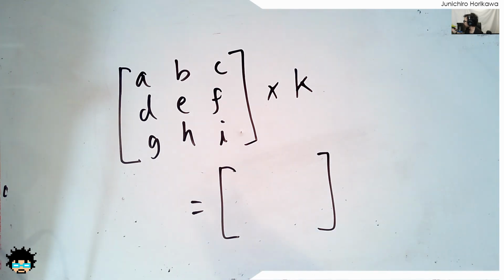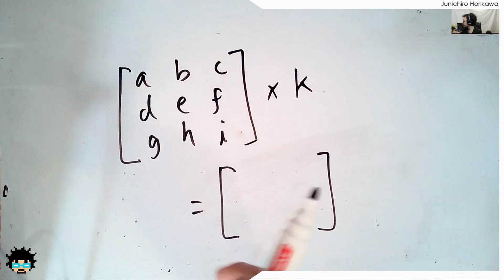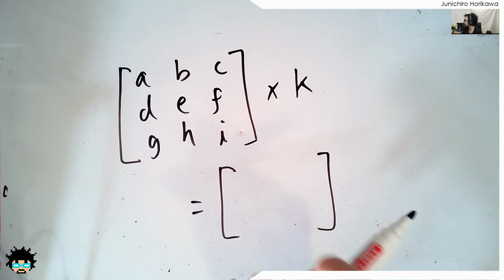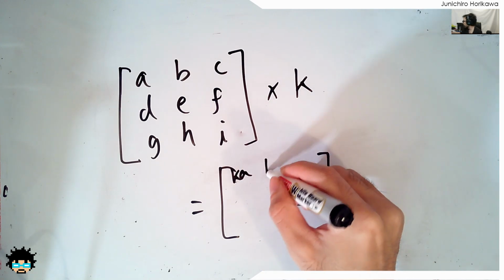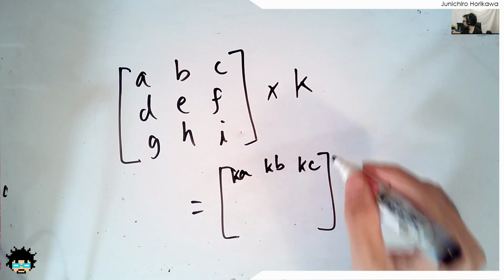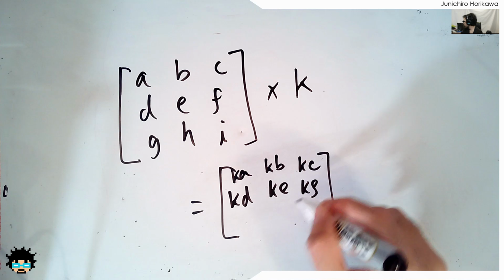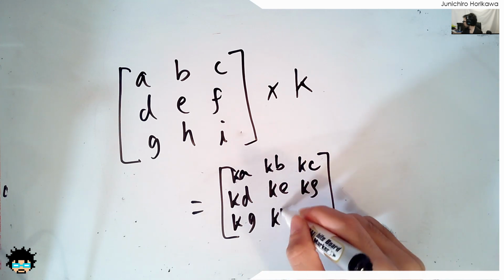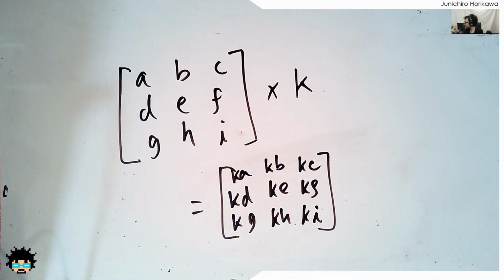And the result you get is the same matrix shape. If it's a 3 by 3 matrix, then you get a 3 by 3 matrix as an output. Okay, so the result for this one should look like this. So every element has been multiplied with the value k. That's how multiplication between the matrix and scalar value works.